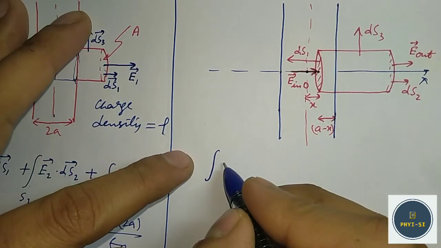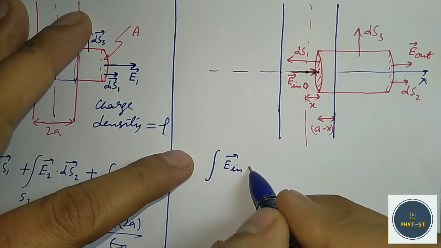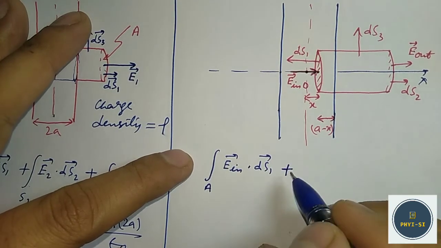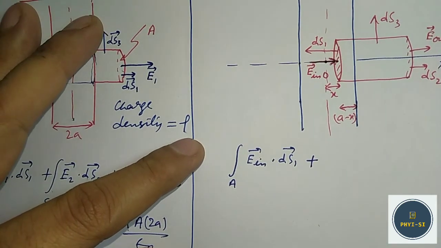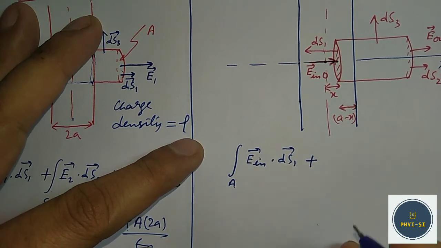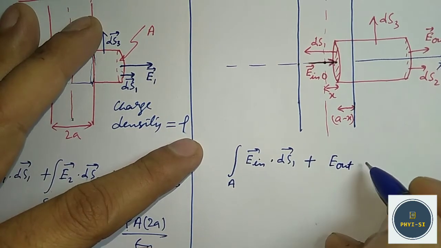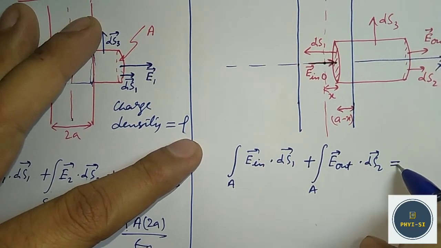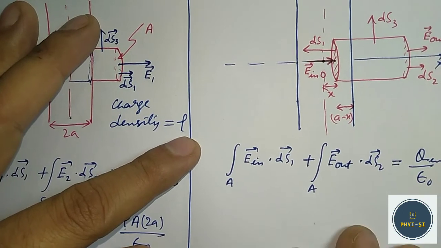So it will be E inside into ds1 over area A, plus E outside into ds2 over area A, and this will be equal to the charge enclosed over epsilon naught.